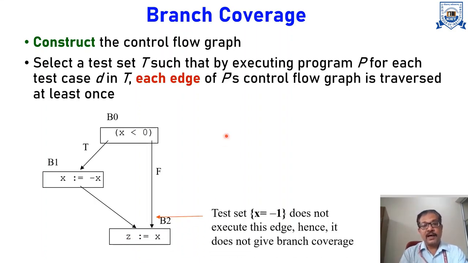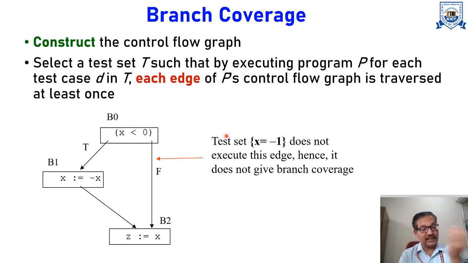And now I am going to choose a test case here. If I choose x equals -1, then what is happening? This statement gets executed. So x is less than 0, yes, true, come in this way, this line gets executed. Negation of x, now x becomes +1, and I'm going to update the value of x here, and then assign the updated value of x to the variable z.